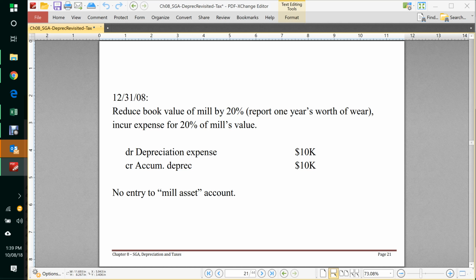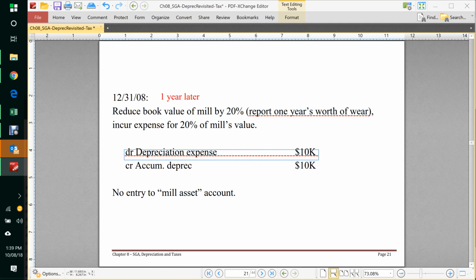All right. So 1 year later, we reduce the book value of the mill by 20%. We want to report that 1 year's worth of wear. We want to expense 1 year's worth of wear on this mill. The way we record this is we still record just like we did before, depreciation expense.